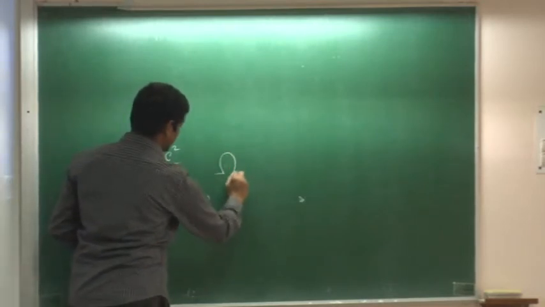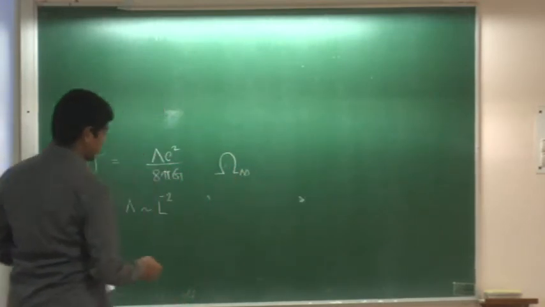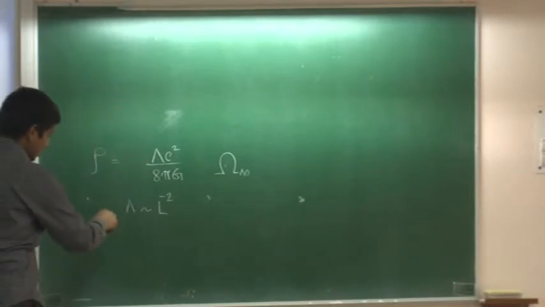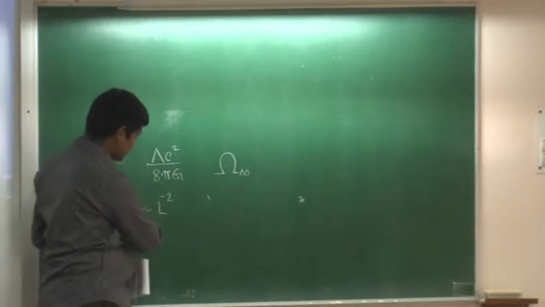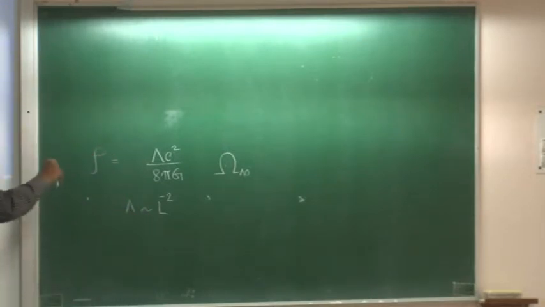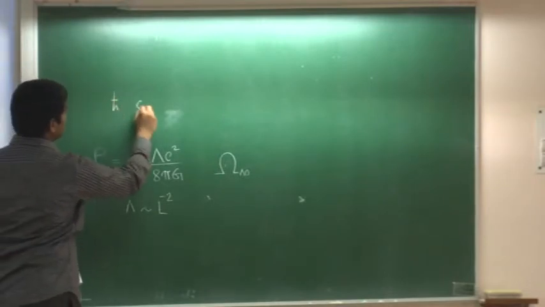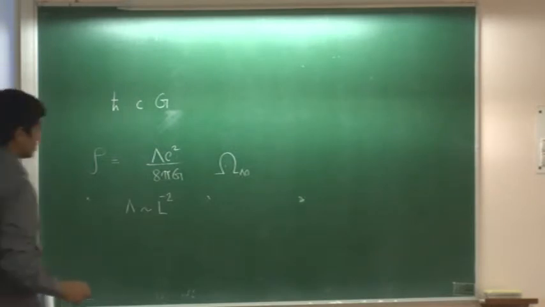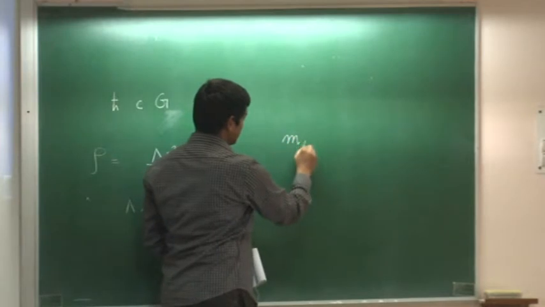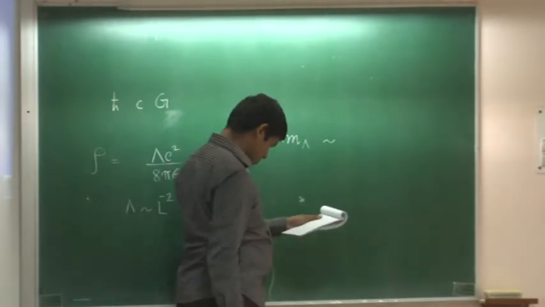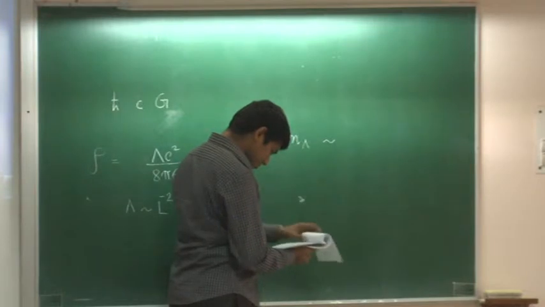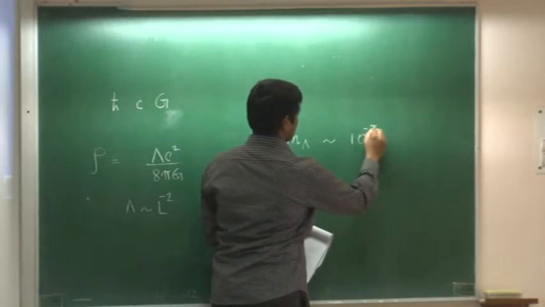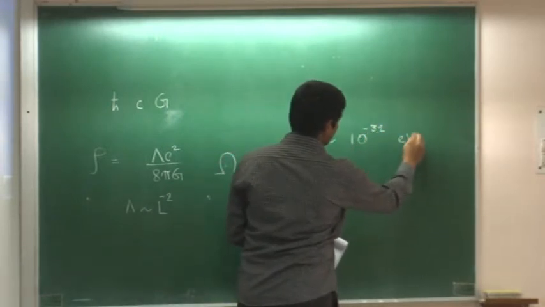We know what omega lambda is today. So I can also calculate a mass for lambda using the constants h cross, c and G, and it comes out to be of the order of this, in units of electron volt.